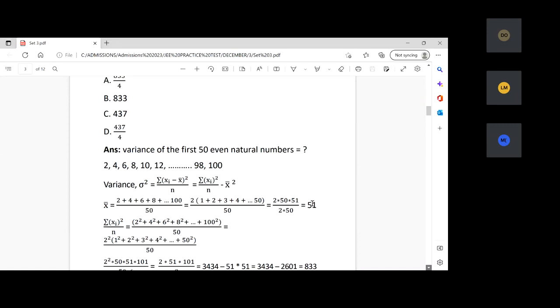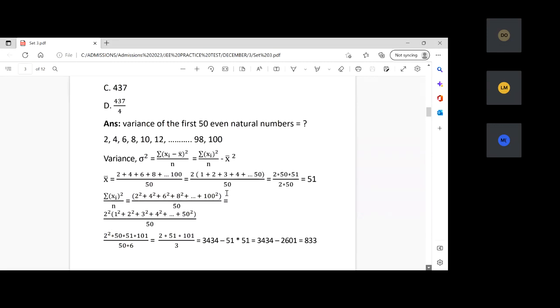Now what is xi square by n? So here we know the value, right? This can be 2, 4, 6 or 8 or anything up to 100. So 2 square plus 4 square plus 6 square plus etc. up to 100 square by 50. So here you can take 2 square outside. So you'll have the remaining terms here.